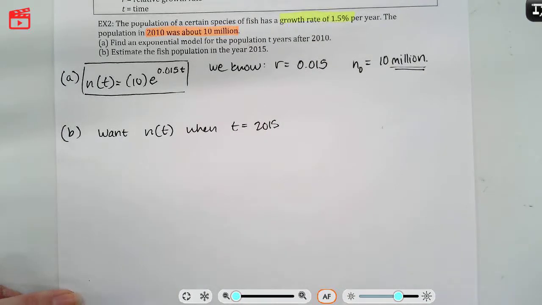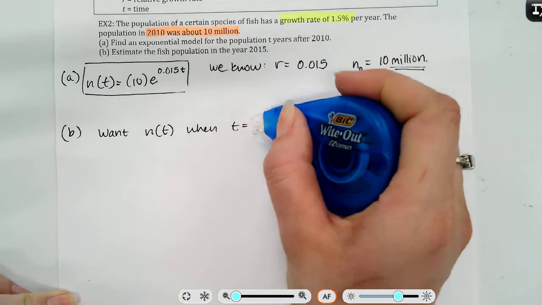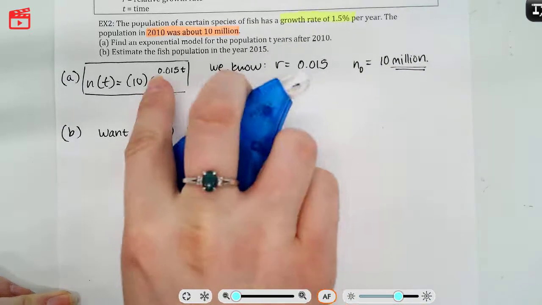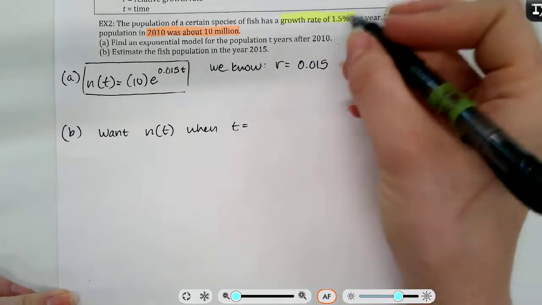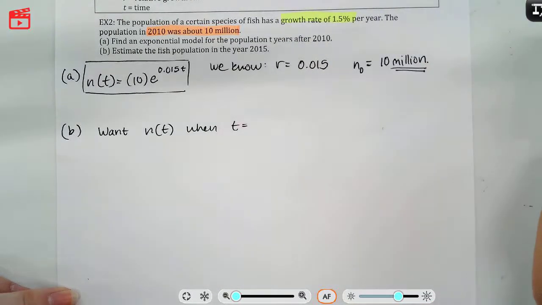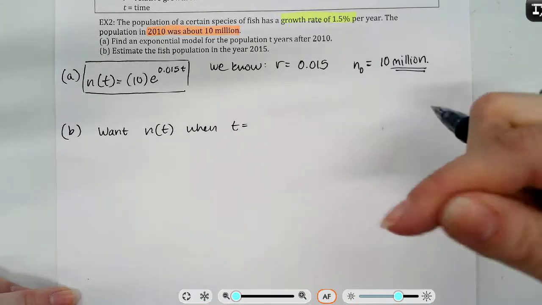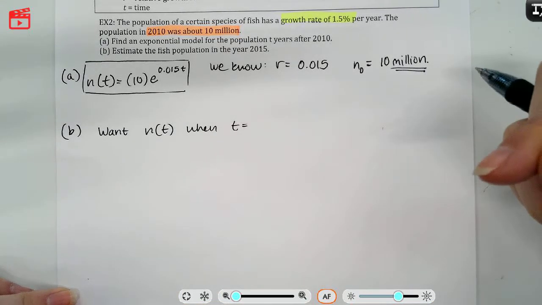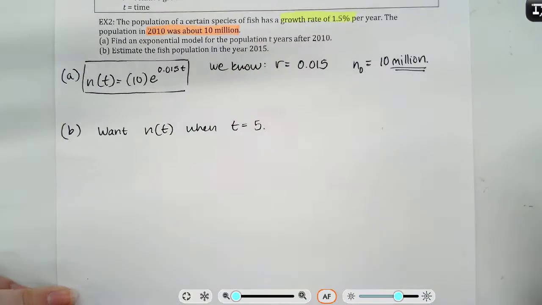And you should be saying, no, that's not what we're going to use, because remember, I set up my model using 2010 as the beginning point. 2010 was my initial value. So the question is, 2015 is how many years after 2010? Well, that's 5 years. So we want time being 5 years after 2010.